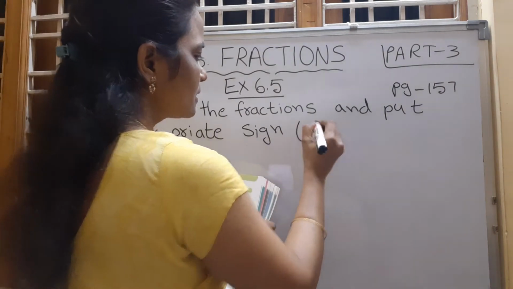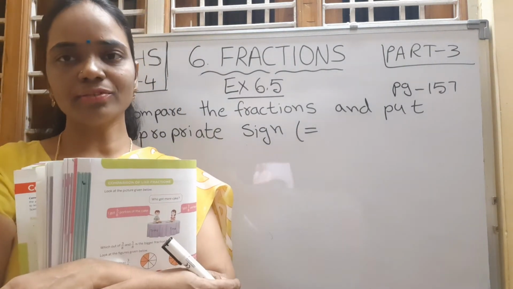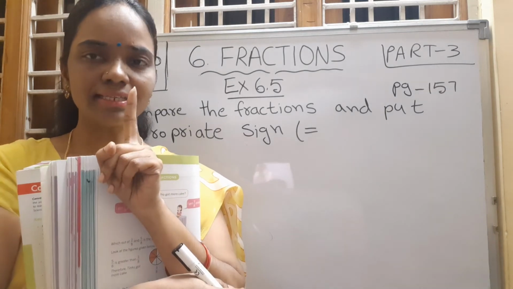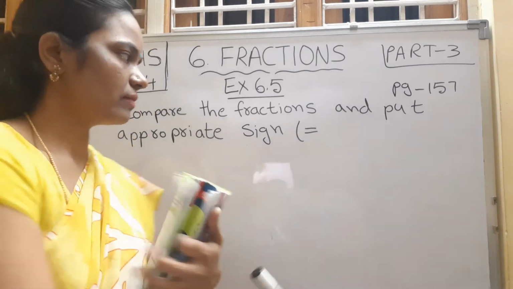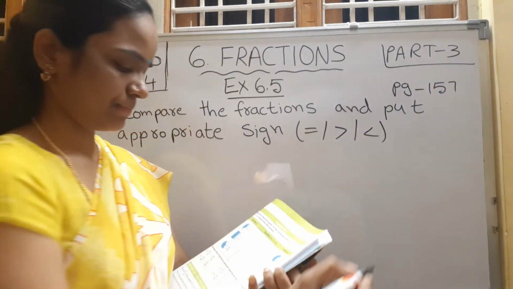Okay, while comparing we will use 3 symbols. What are those? While comparing numbers: greater than, less than, or equal to. So equal to, greater than, or less than.